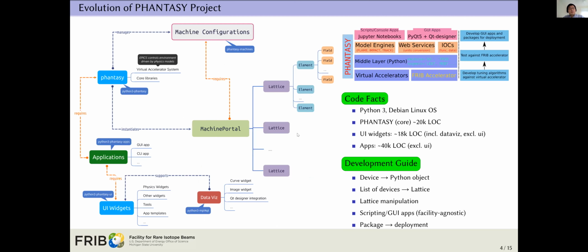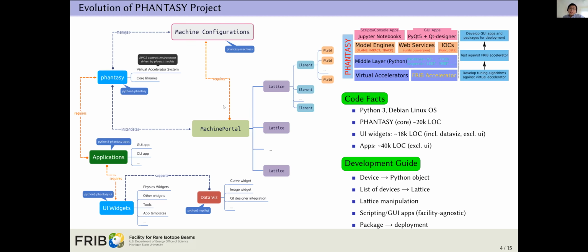This is a more detailed view of what happens inside. Basically, you want to talk to the machine, but the information is distributed around the whole control system, and it is not easy to find the useful information. So it aggregates all this information together to make it easy to reach the interesting information.